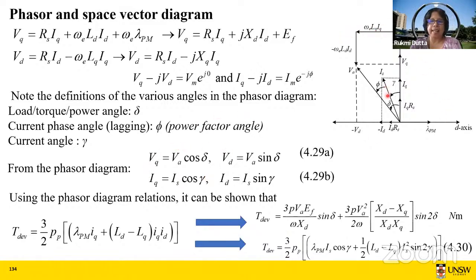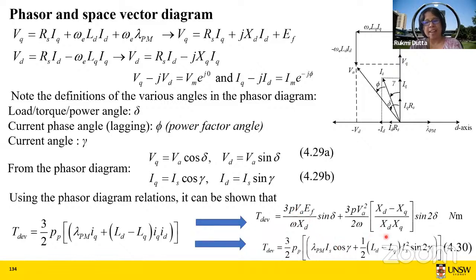In fact, from here we can also write our VD, VQ voltage and ID, IQ current in terms of the actual phase voltage phasor and phase current phasor, using these known angles. If we substitute these quantities back into this torque equation, it will be the same torque equation that we found in our classical discussion of the conventional synchronous machine.